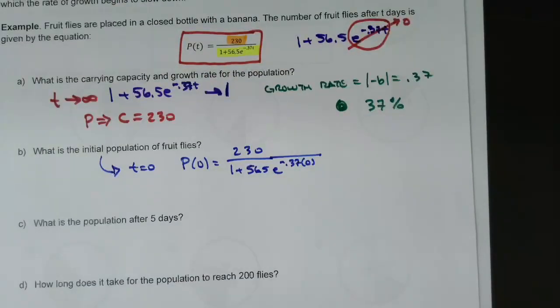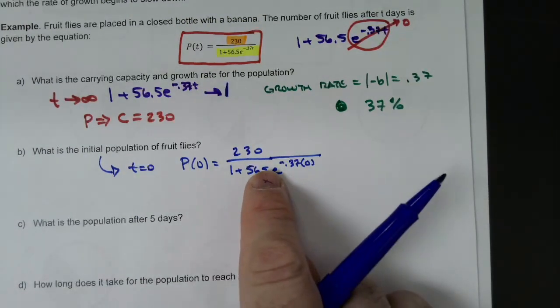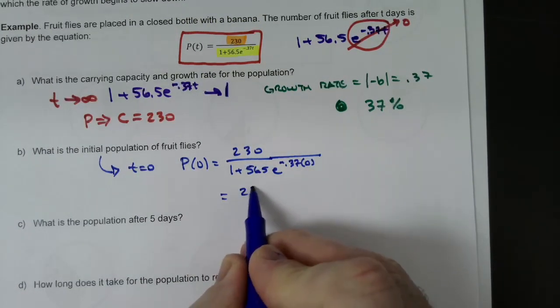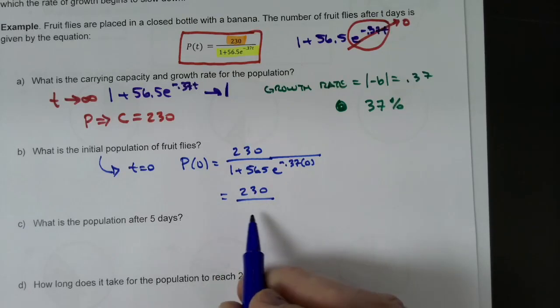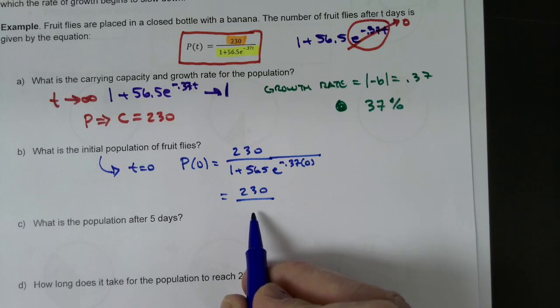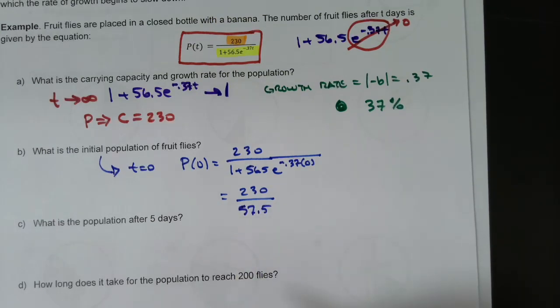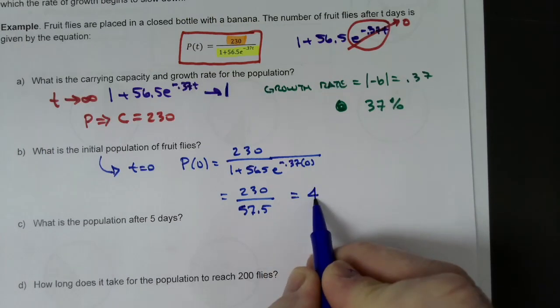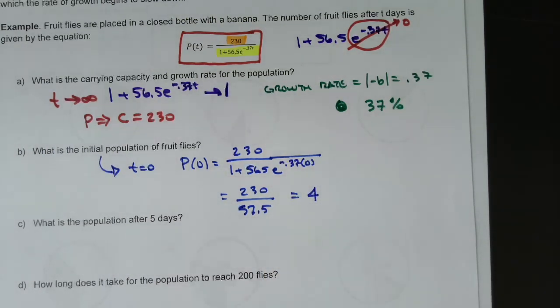Negative 0.37 times 0 is 0. E to the 0 will be 1. So this will be 230 divided by 1 plus 56.5, or 57.5, which actually equals 4. There were only 4 fruit flies in there at the very beginning.